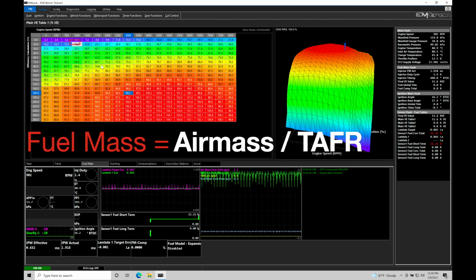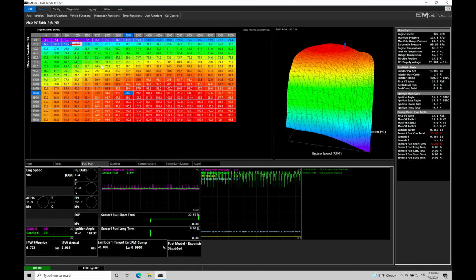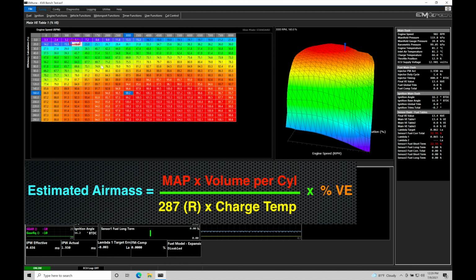This main VE table is going to be specific to working within our speed density airflow strategy. So how we actually estimate the air mass is going to be based on a couple different variables and sensor inputs. The equation is air mass equals MAP pressure times the volume per cylinder, divided by the universal gas constant multiplied by the charge temperature.